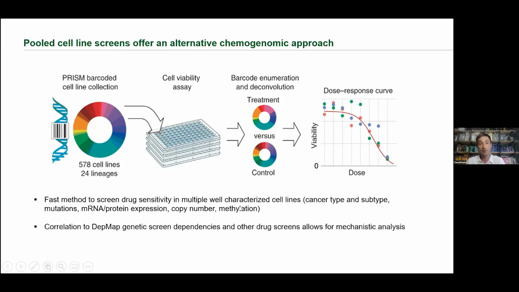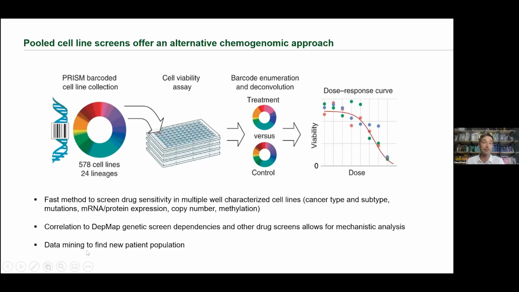You can also use this method to find mechanistic analysis of your drugs. You can use your outputs here and do a correlation to map genetic screens or other drug screens. If your drug behaves like another drug or like another gene deletion, then you can use this guilty by association idea to gain some mechanistic insights.